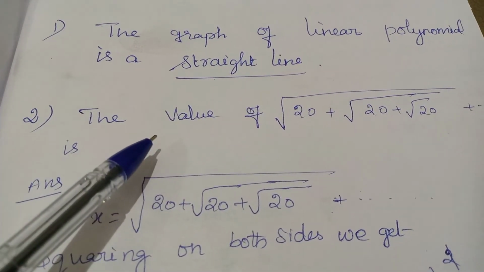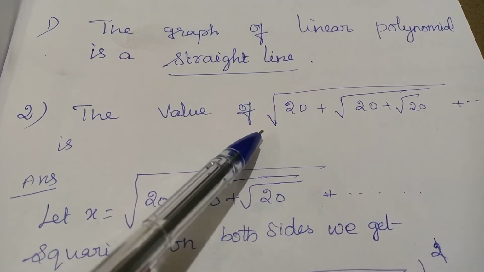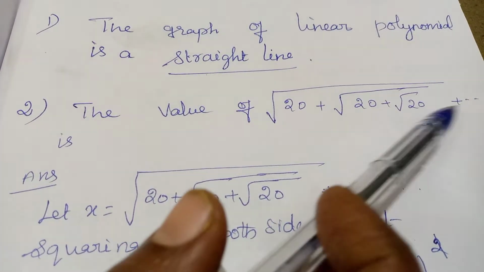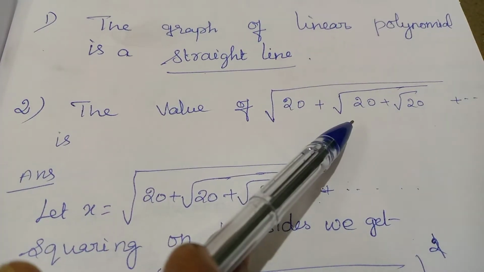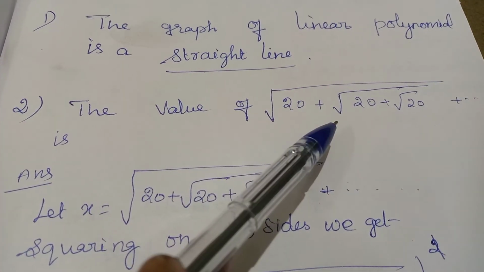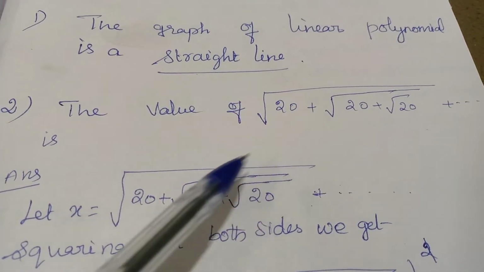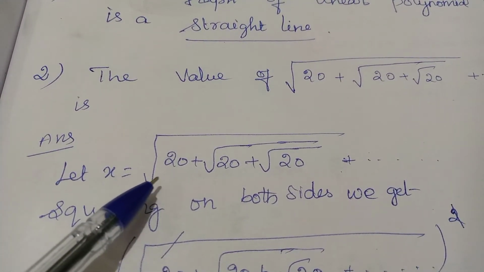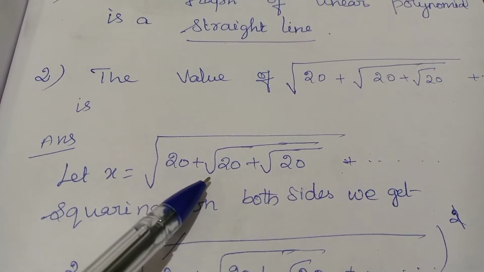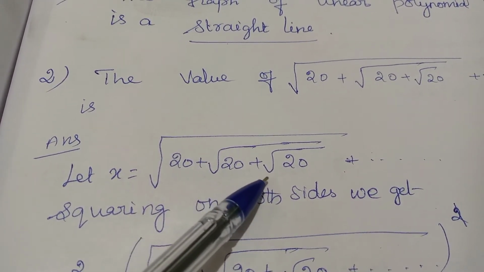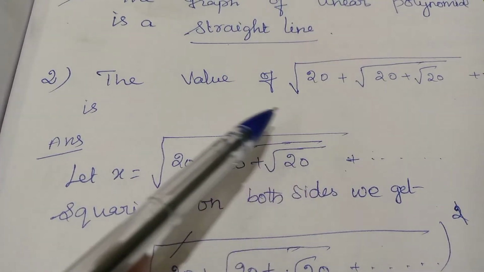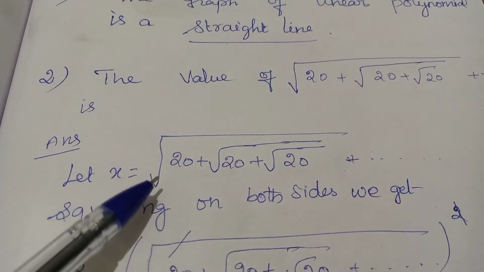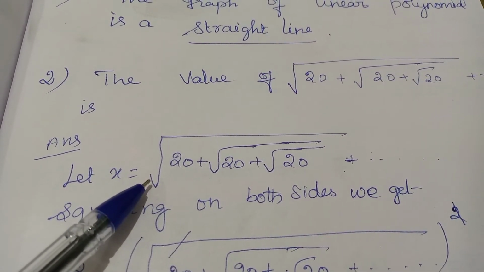Second question, the value of square root of 20 plus root of 20 plus root of 20 plus etc. How to do this question? Let us take this given expression as x. So the first step will be x is equal to square root of 20 plus root of 20 plus root of 20 plus etc. Let us square both sides to cancel the first square root.